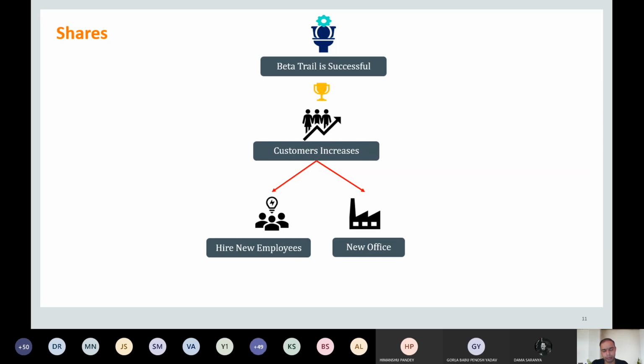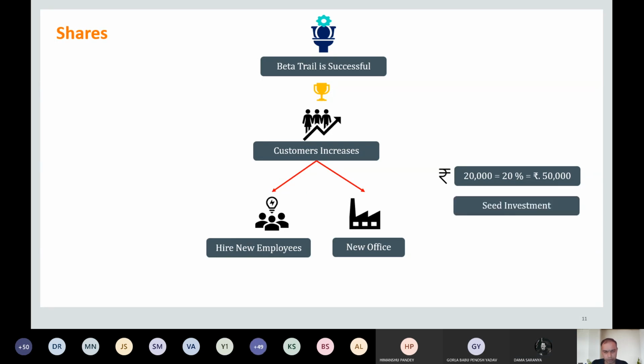So you are planning to buy a big office, or shift, or expand your existing office into a bigger one. To do this, what do you require? You require money. Now already 20% of your share value was bought for 50,000 rupees during the seed investment process.